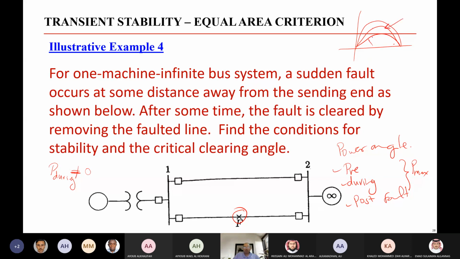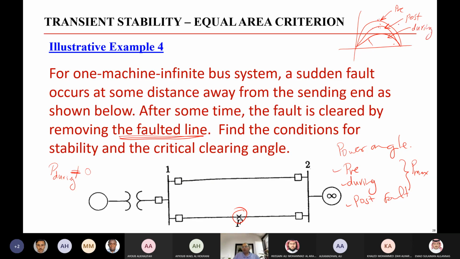This is the post-fault, but it will be different from the pre-fault if the fault is cleared by tripping the line. If the fault is cleared by itself, then the pre-fault and the post-fault are the same. After some time, the fault is cleared by removing the faulted line. Now, if we remove the faulted line, we have a different configuration, pre-fault and post-fault, and this is during fault.